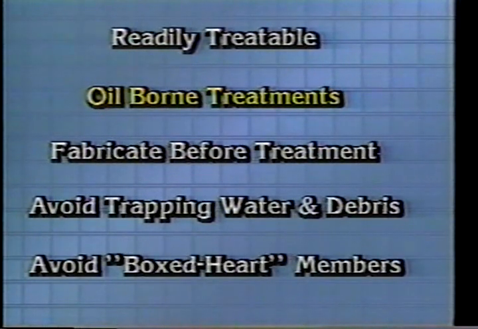For exterior use, oil-borne pressure treatments are more effective than water-borne treatments. All wood should be completely fabricated before it's pressure treated. Avoid design details that trap water and dirt and other debris. Avoid the use of boxed heart wood members to minimize the development of checks and splits in the wood.